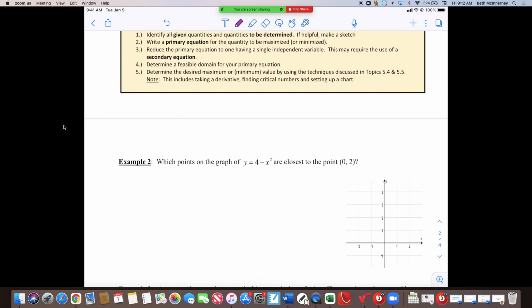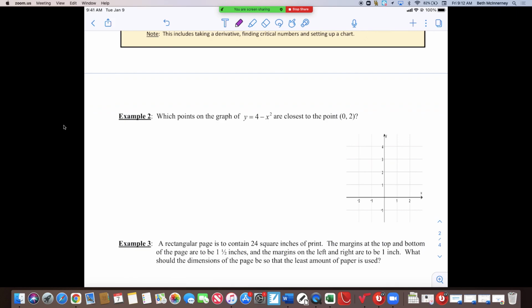Example 2 says, which points on the graph of y equals 4 minus x squared are closest to the point 0, 2? All right, well, we need a sketch here. 4 minus x squared. This is a parabola that opens down.